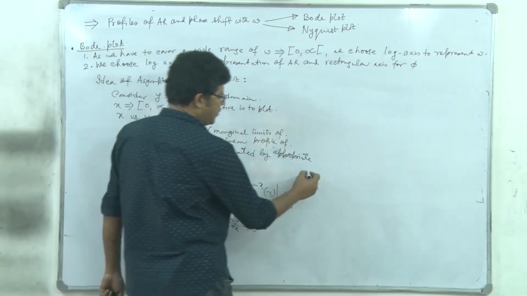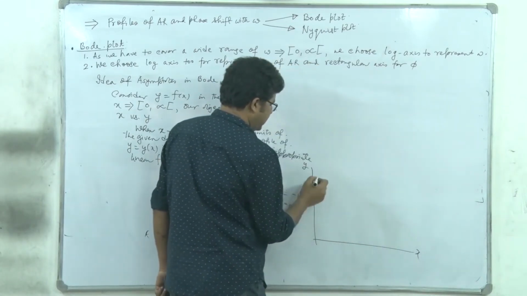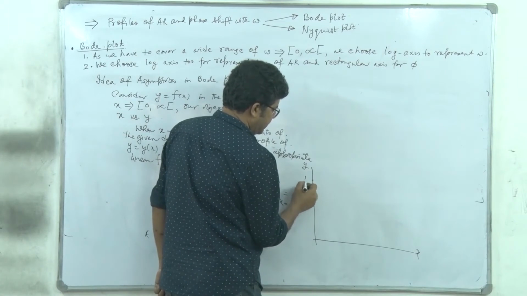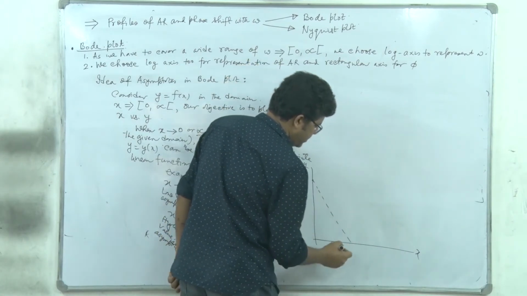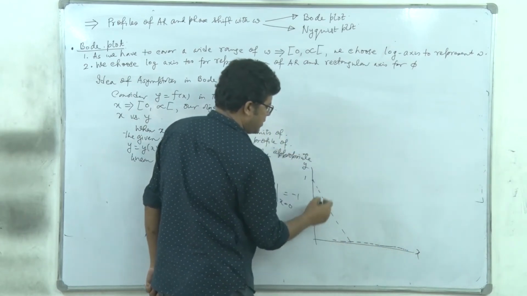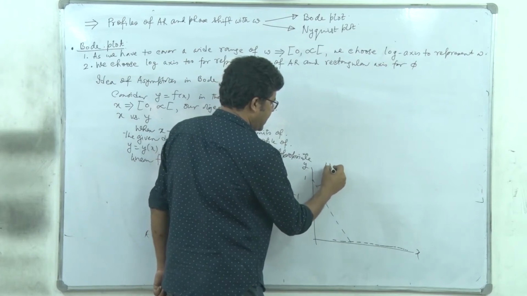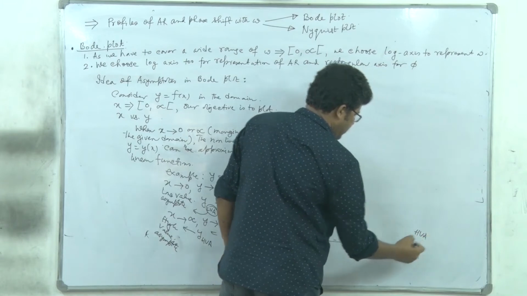Now you see we have to plot this. So this is y, this is x. So this is the value 1. Right. So this is the low value asymptote and this is the high value asymptote.